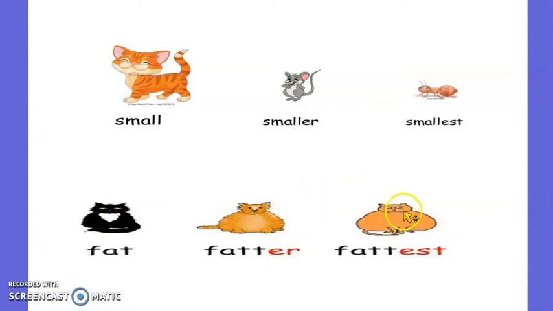If we compare cat number 3 with the two cats, we say that cat number 3 is the fattest. The cat number 3 is the fattest. هي الأسمن، أكثر واحدة سمينة.